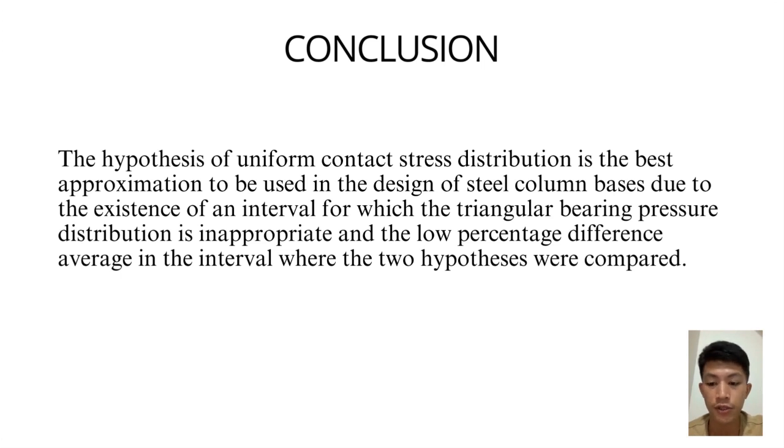This means that the triangular distribution, which assumes that the pressure is highest at the center of the contact area and decreases towards the edges, is not accurate in certain situations.